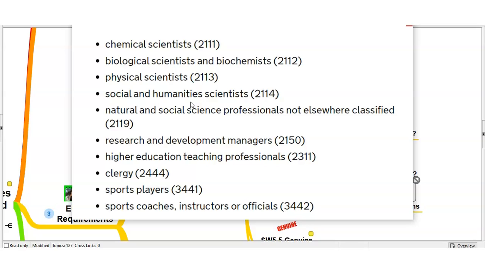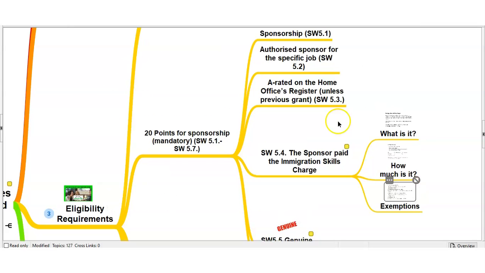For example, if they would like to employ chemical scientists, biological scientists and biochemists, physical scientists, social and humanities scientists, natural and social science professionals that are not classified anywhere else, and also research and development managers, higher education teaching professionals, clergy, sports players, sports coaches, instructors, or other officials. So if the employer wants to employ someone in this category, they don't need to pay the immigration skills charge.